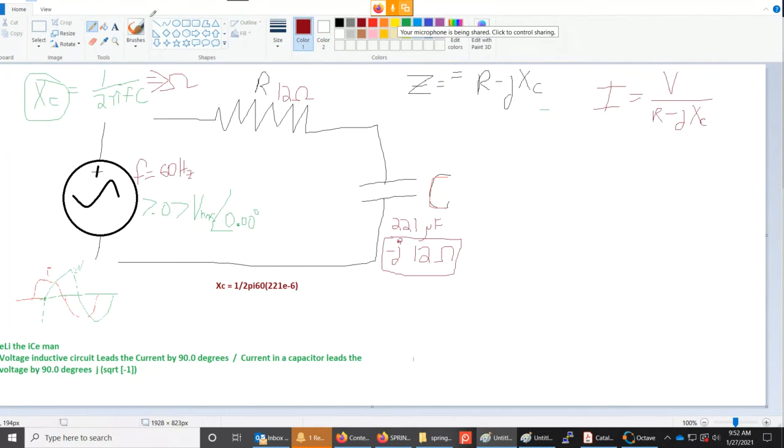When we calculate the current in the circuit, we got our voltage, 7.07 at an angle of 0, divided by 12 minus j12. So when we do that, we can calculate what the current is going to be.